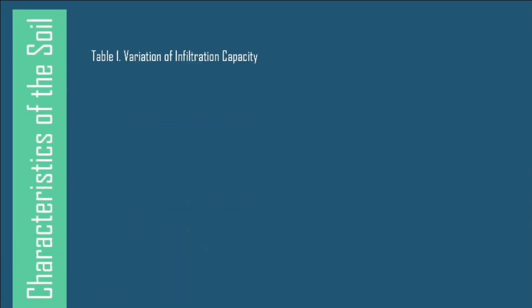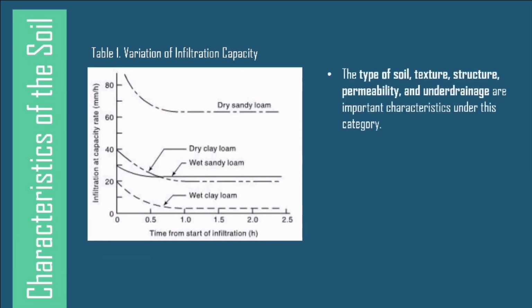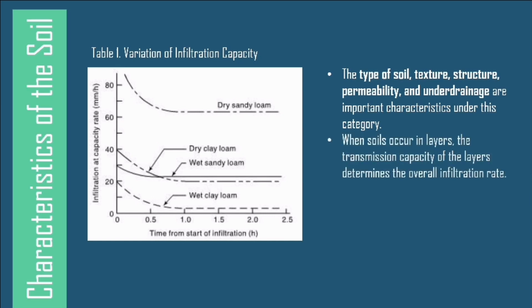For the characteristics of soil, the type of soil, texture, structure, permeability, and under drainage are important characteristics under this category. When soils occur in layers, the transmission capacity of the layers determines the overall infiltration rate, and land use has a significant influence on infiltration capacity.